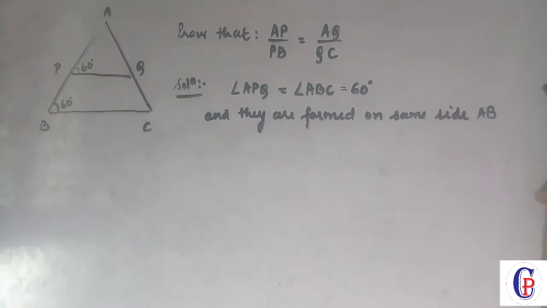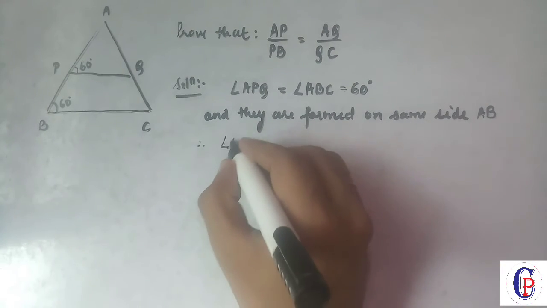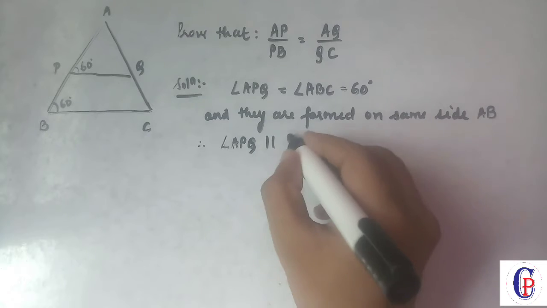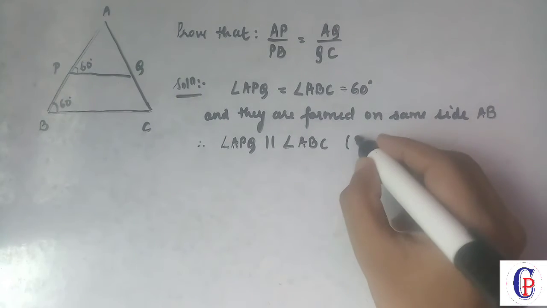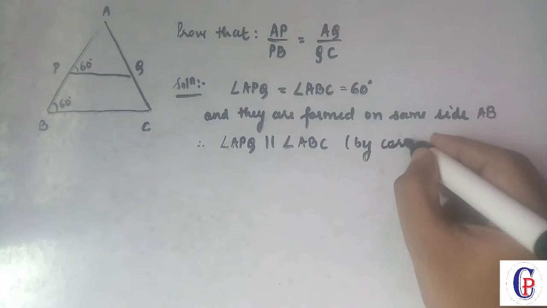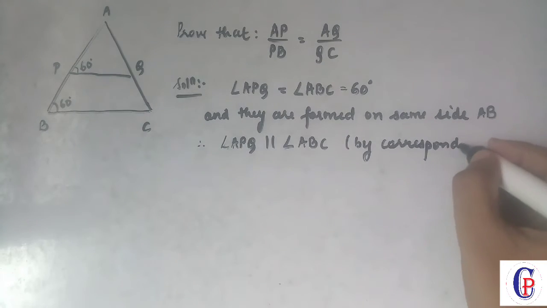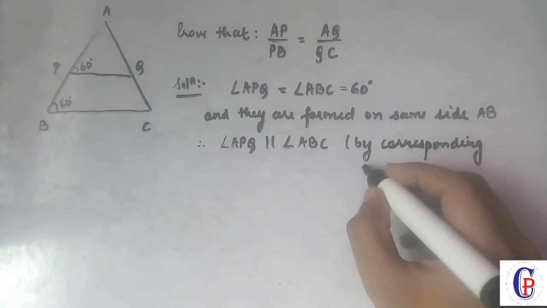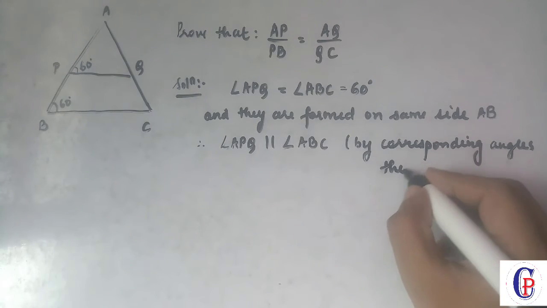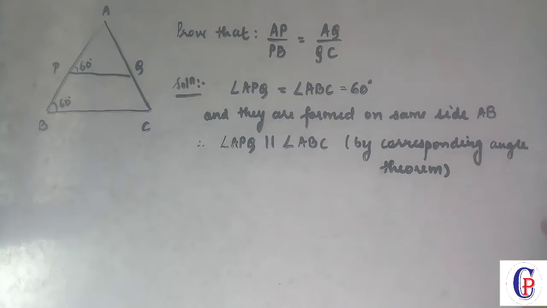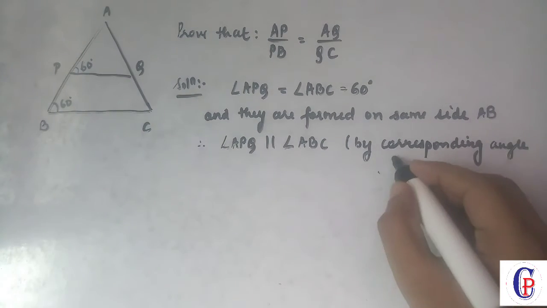Okay, so therefore PQ is parallel to BC, by which test? By the corresponding angle theorem, or you can say the corresponding angle test.